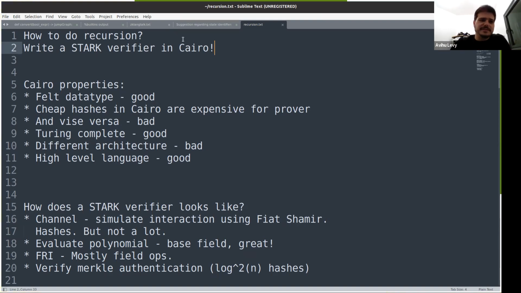So we want to do recursion for a lot of reasons, but how do we do recursion? Basically, we just need to prove a verification of a Stark. There are other approaches that people have already implemented.